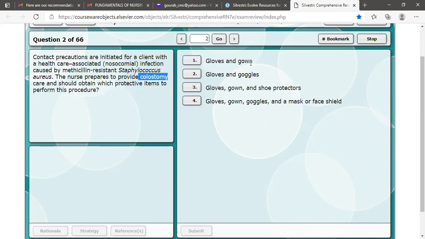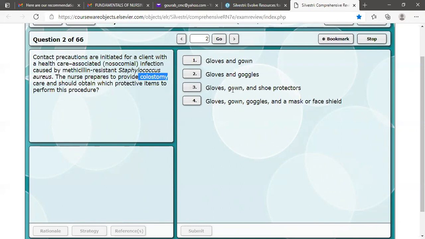If it is only a contact precaution like MRSA, then gloves and gown is a good choice. But the patient needs colostomy care, right? So: gloves and goggles? Gloves and gown? What next?